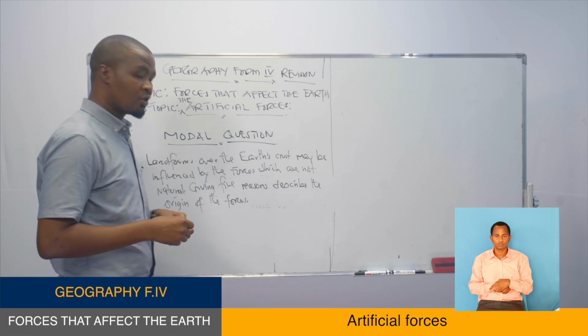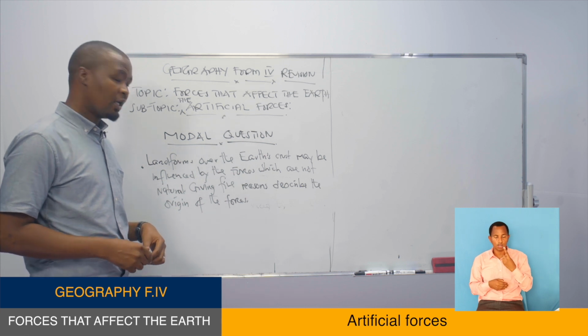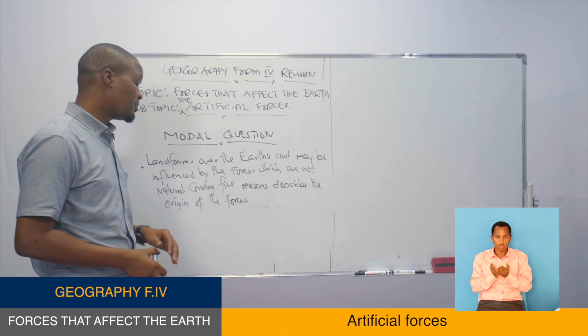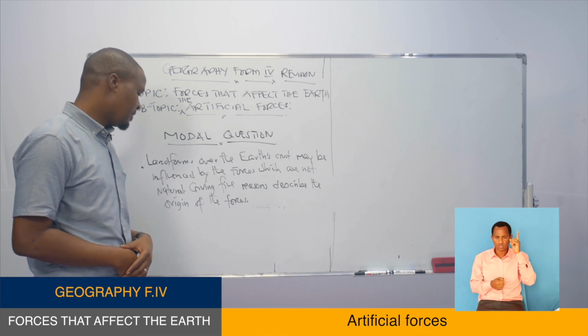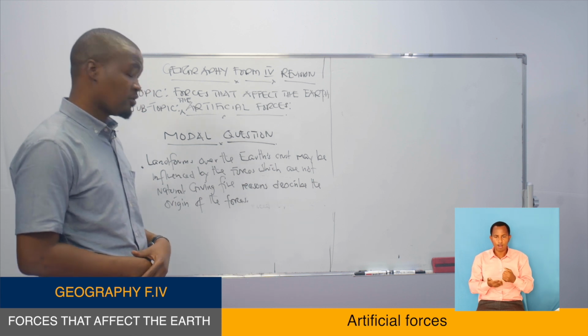See? So we have our first question right here. It says: landforms over the Earth's crust may be influenced by forces which are not natural. Giving 5 reasons, describe the origin of the forces.